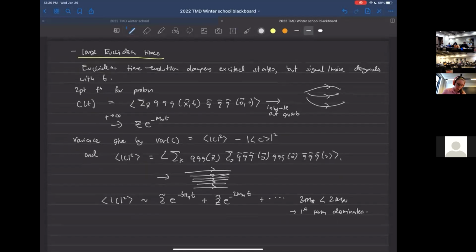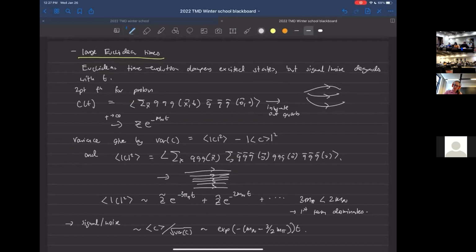So if we want to think about the signal to noise, it's going to look like our correlator over the square root of this variance, which is going to look, to first order, like an exponential of m_N minus 3 halves m_pi times t.